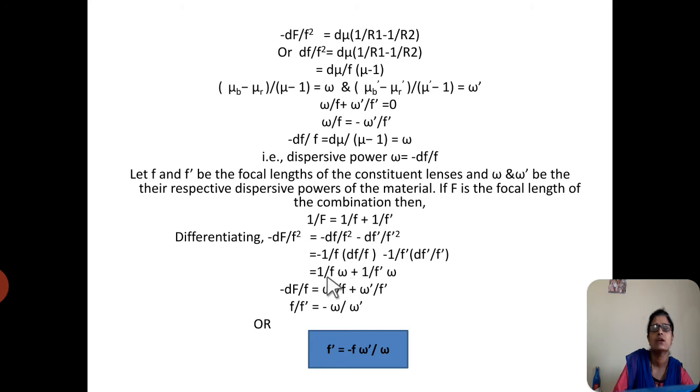So 1 divided by f into omega plus 1 divided by f dash into omega dash. Therefore minus df by f is equal to omega by f plus omega dash by f dash, or f by f dash is equal to minus omega by omega dash, or f dash is equal to omega dash divided by omega.